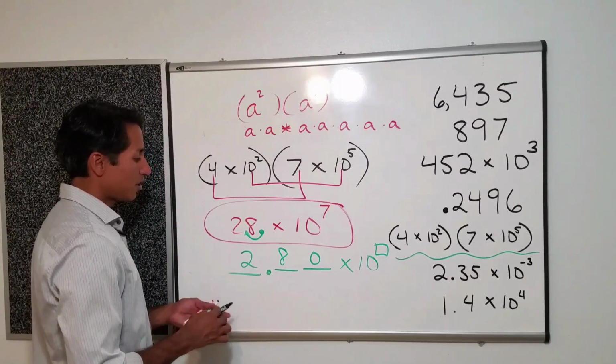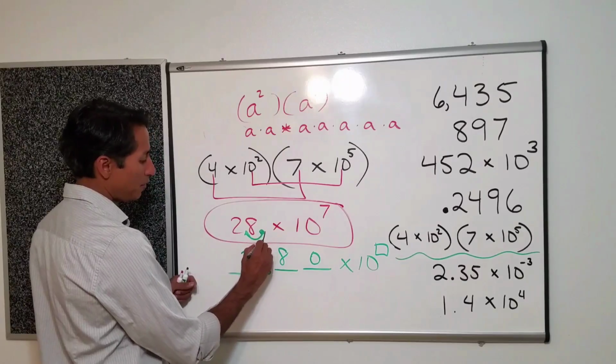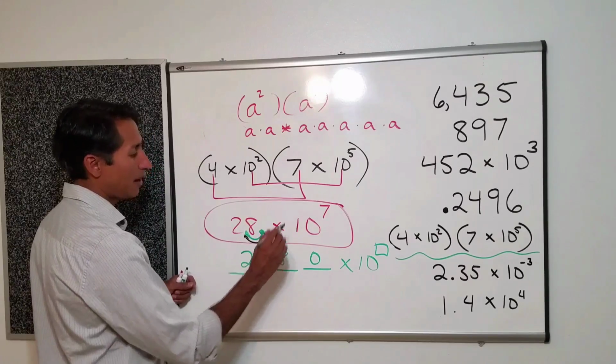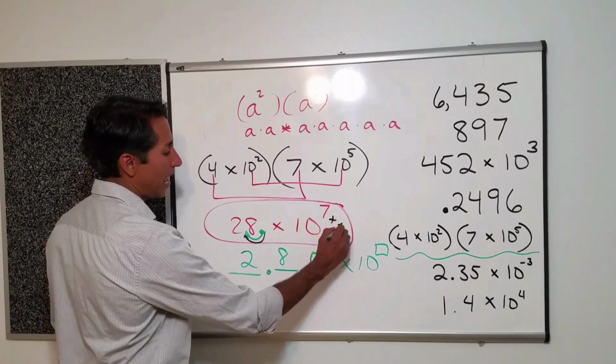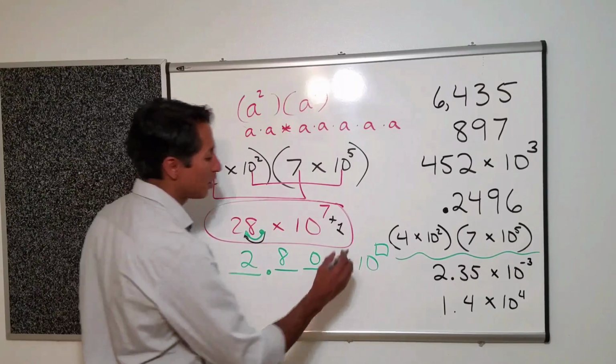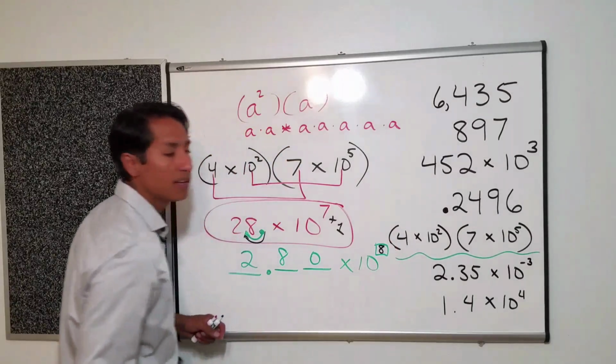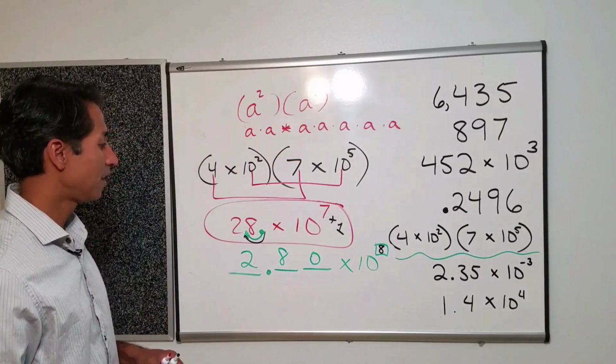So we have 10 to the 7th, but because we had to move it that extra time, we have to add that in. We have to add in that extra movement to make the number even bigger. So instead of 10 to the 7th, it's going to be 10 to the 8. All right?